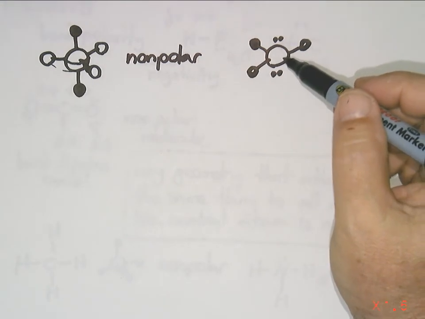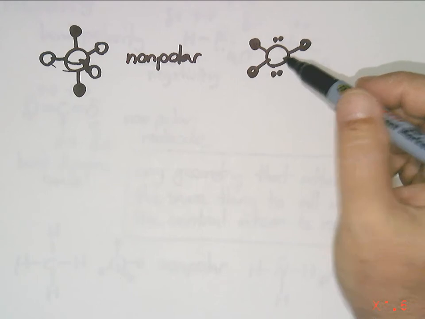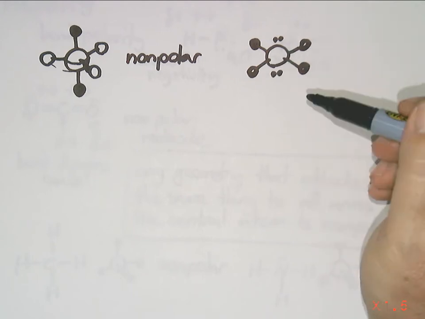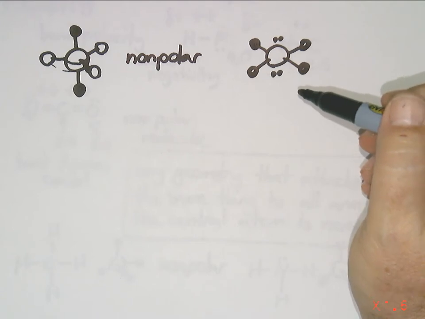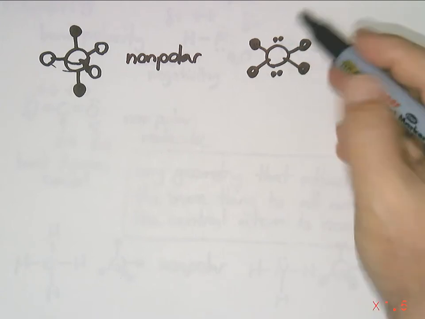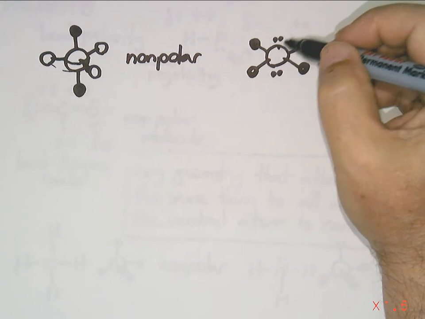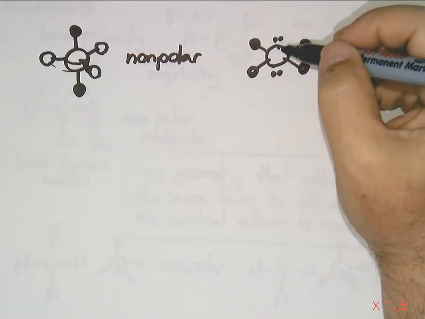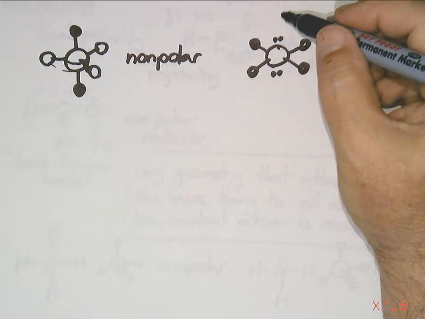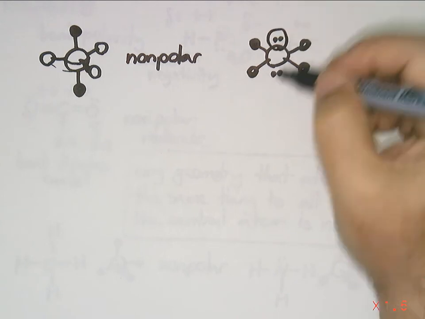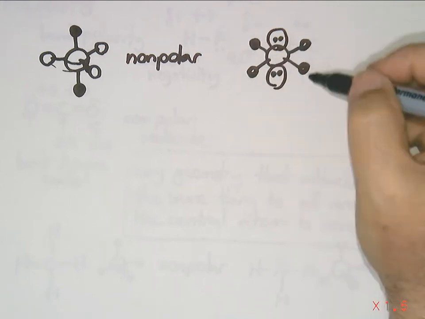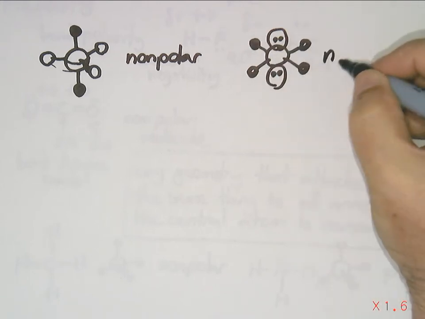So you might guess from that rule that it was polar because it has something that's different from something else attached around the central atom. But look, the dipole for the lone pair, and lone pairs do have a pole, they have a sort of a bond dipole, but that one is going to cancel out that one. And these are all going to cancel out each other. So this one also will be nonpolar.